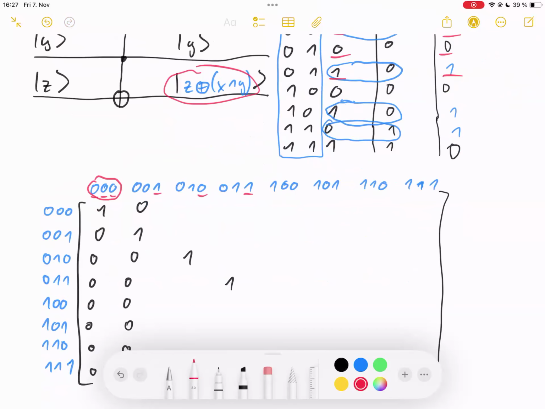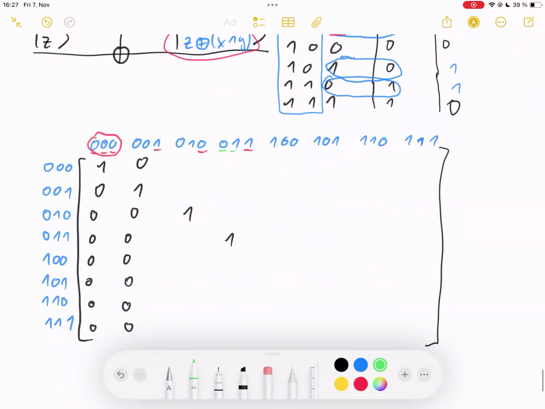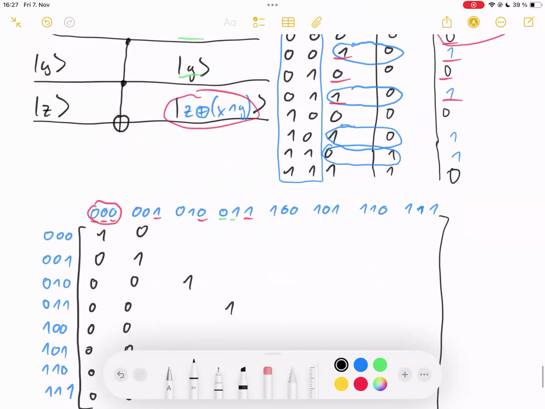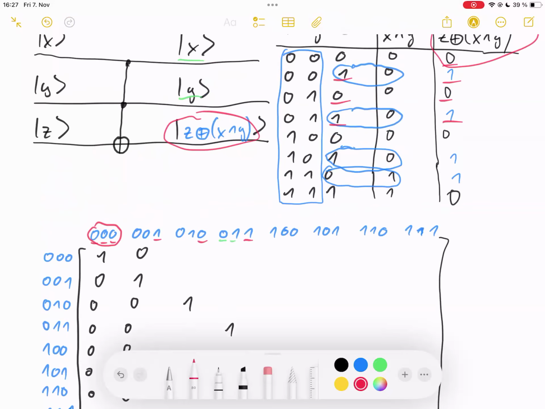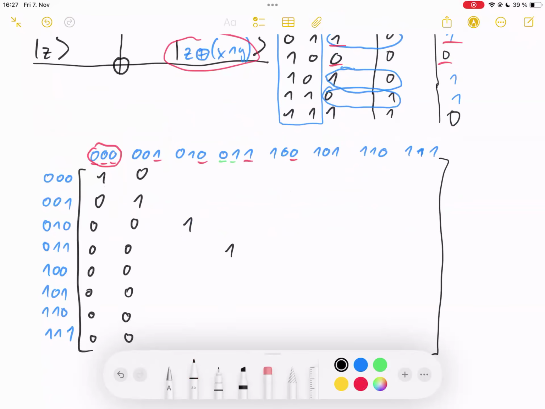And remember that the first entries, 0 and 1, don't change because x and y just stay as before. Then we have this 0, which also stays. So 1, 0, 0 gets mapped to 1, 0, 0.